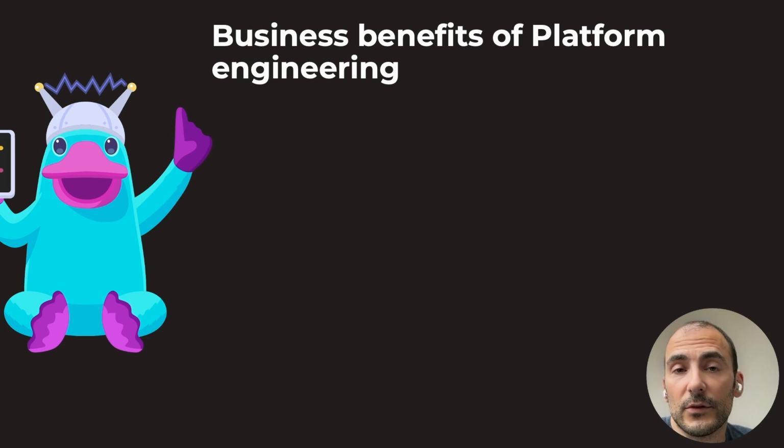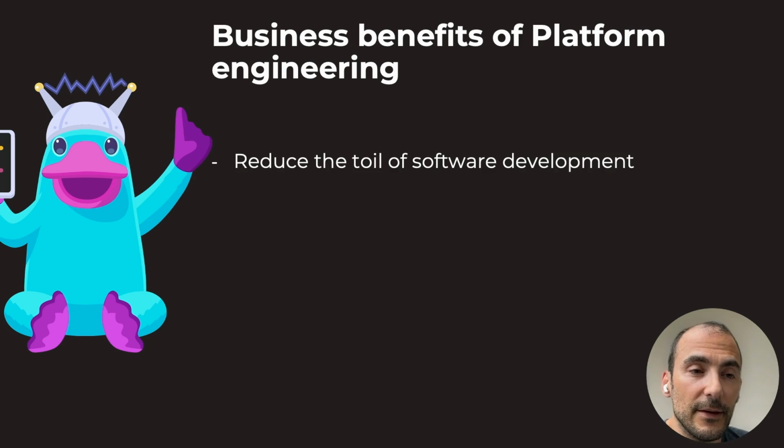Of course, we don't do this just for the lulz. It's very important to see also what are the business benefits of platform engineering. And one of the business benefits is that we reduce the toil of software development. So nothing is worse than when people start to think that some of the stuff which is maybe annoying, like packaging your application logic, just as a very simple example as a zip file, and then putting it into some share that somebody can pick this up, or a script starts to pick this up.